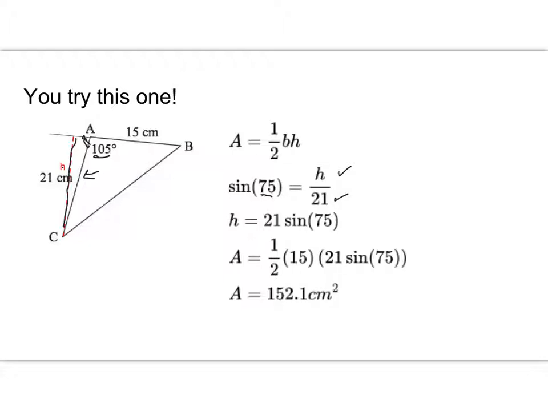So our height is 21 sine of 75 degrees. Area is then going to be 1/2 times 15, because 15 is my base, times the height, 21 sine of 75 degrees. That makes the area 152.1 centimeters squared.